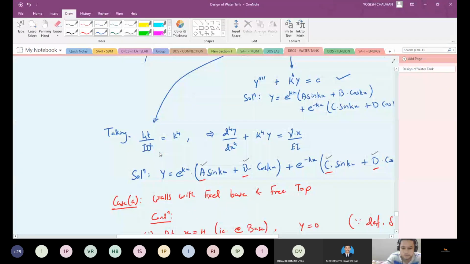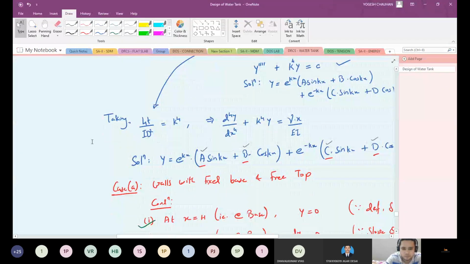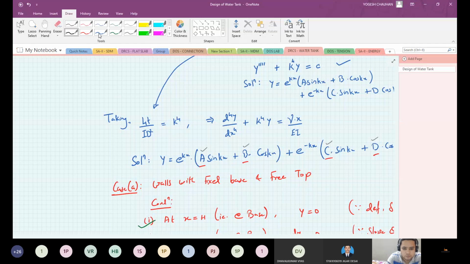So k raised to the power 4 is equal to 4t by I d square.